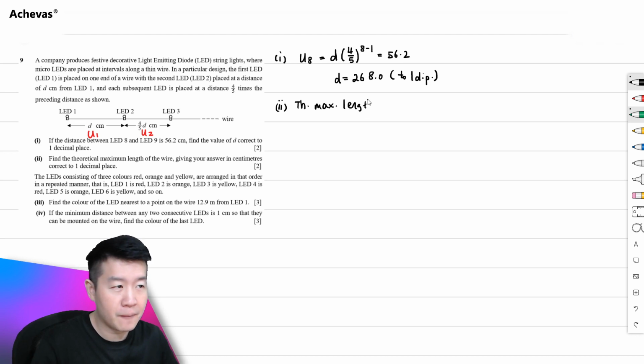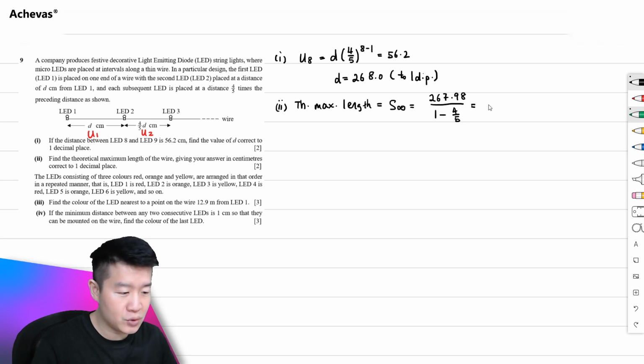The first term is D, let me go for 5 SF, 267.98, divided by 1 minus the common ratio, which is 4/5. This is going to get me 1339.1, again to 1 decimal place.